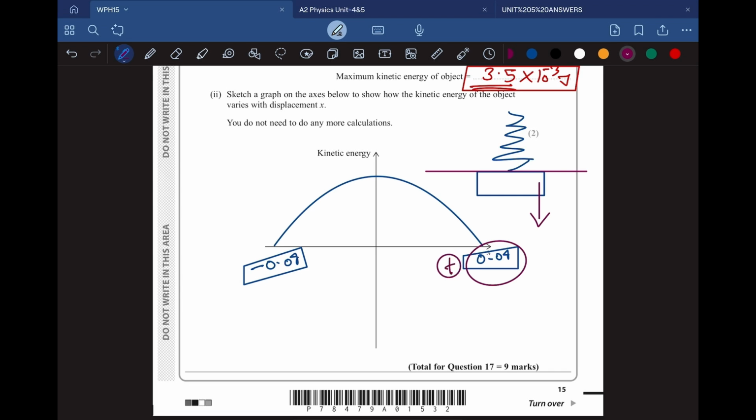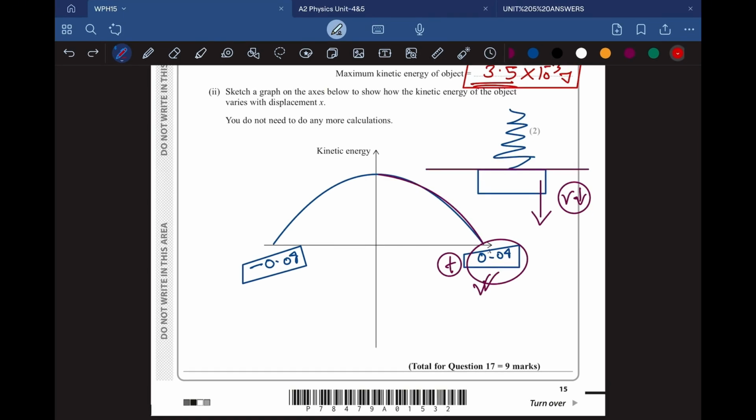When it is going down, its displacement is increasing, but its velocity is decreasing, right? Why does its velocity decrease? Because it encounters air resistance, or resistive forces act on it, so its kinetic energy decreases when it is going down.